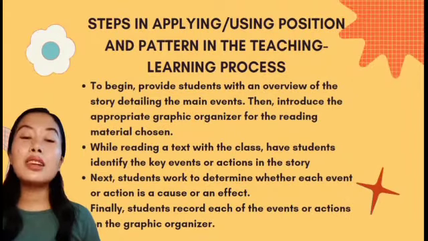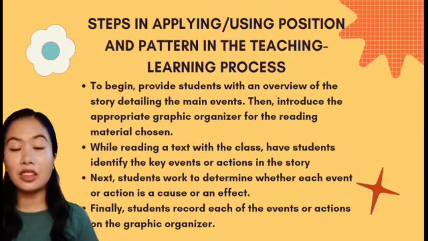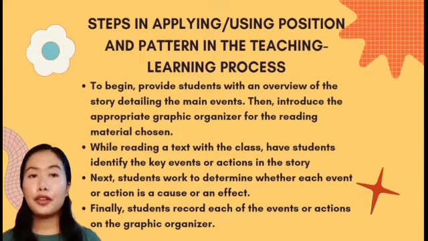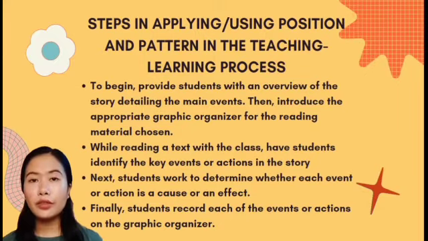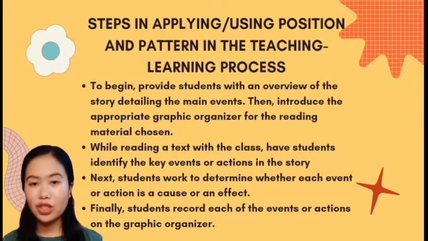So now, let's talk about the steps on how to apply the cause and effect chain in the teaching and learning process. First, provide the students an overview of the story details, especially the important events that happened in the story. After, choose an appropriate graphic organizer to be used, which is the cause and effect chain.